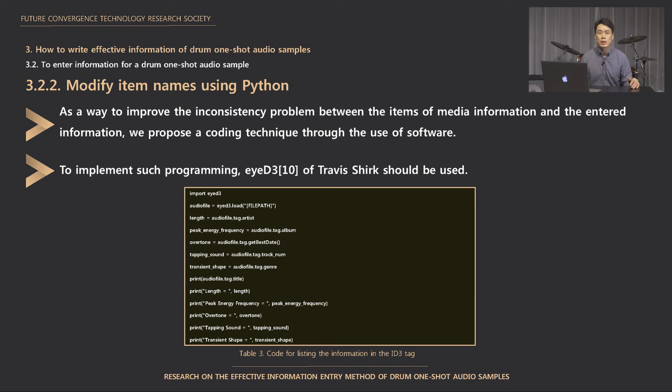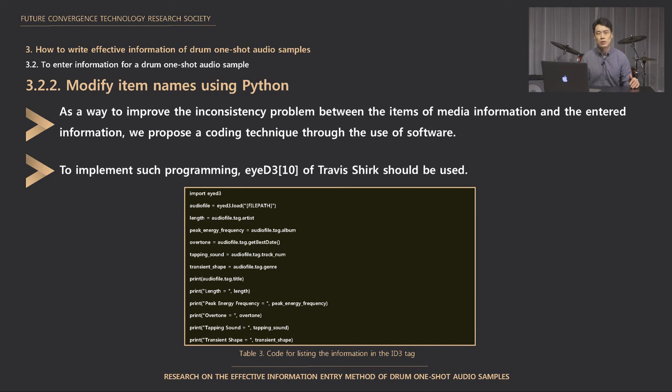Using the Python programming language developed by computer programmer Guido van Rossum, audio information hidden in a sound source can be converted to be displayed as an item corresponding to the information. To implement such programming, ID3 of Travis Shirk should be used. ID3 can be imported and used within Python, which makes it possible to import the ID3 tag song information of the sound source file into the program.